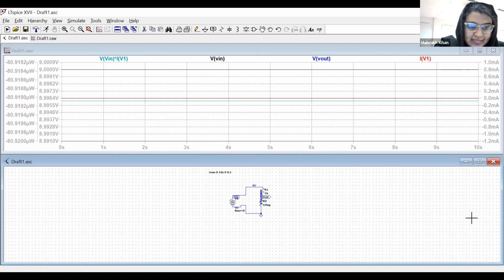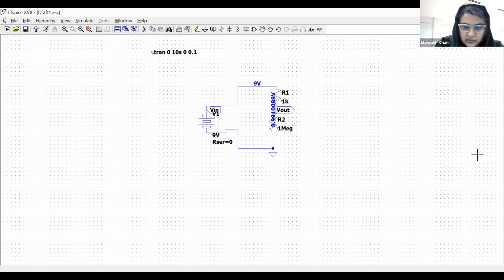So you guys can see that I can now see power dissipation as well across V in, that is minus 80.919 microwatt. Why do you think this power dissipation is showing me the minus value?